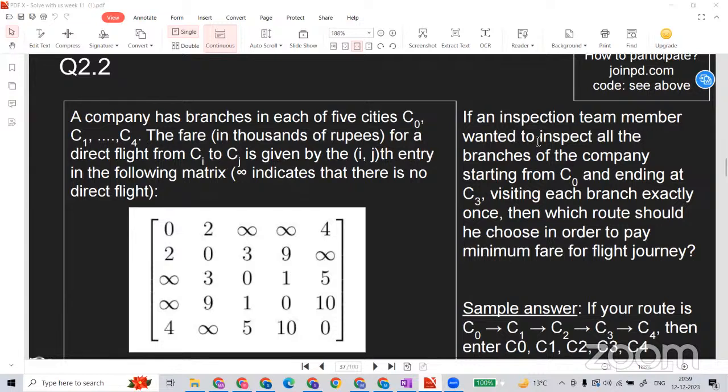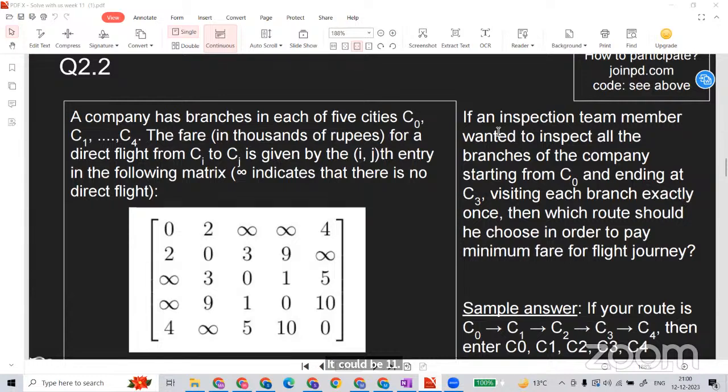All of you are trying or not, I don't know. With the same graph, it will work. It could be 11. It could be 11.